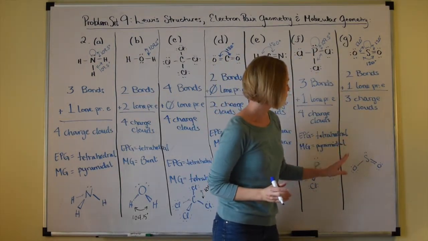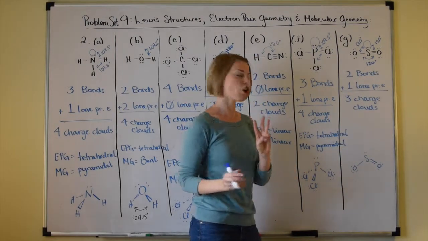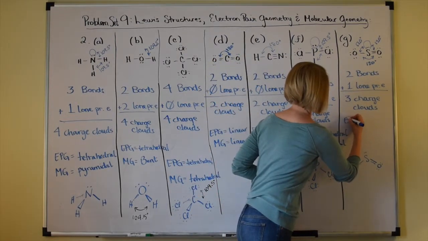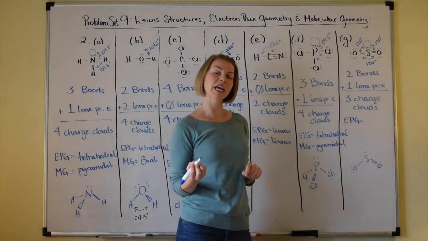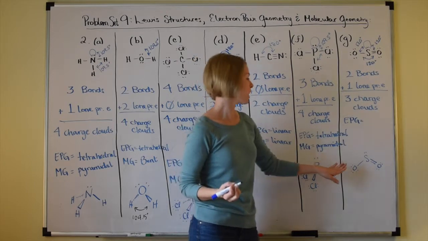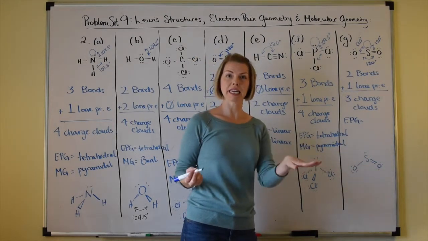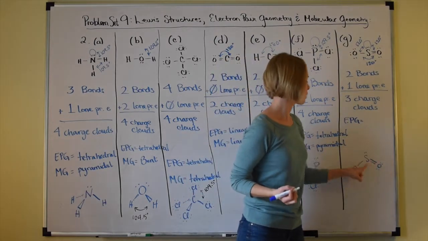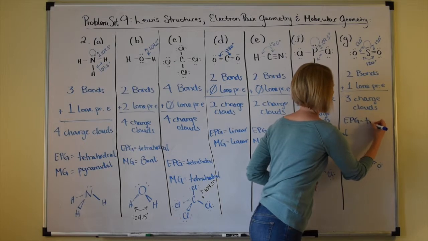All right? So our electron pair geometry, when we have 3 charge clouds at 120 degree angles, is trigonal planar. Remember that everything is going to lie in one plane, and you're going to get that trigonal planar electron pair geometry.